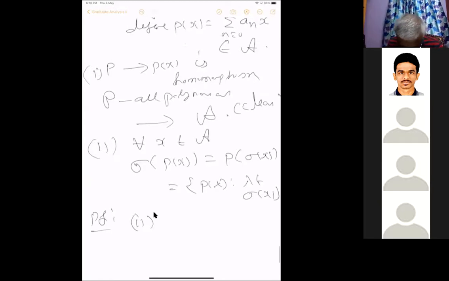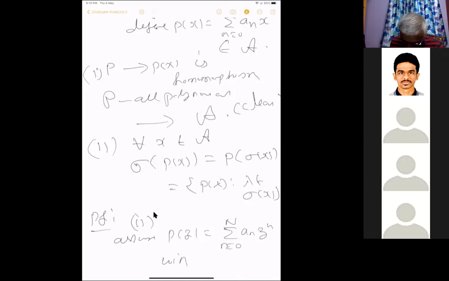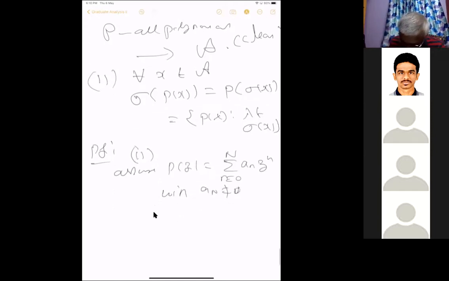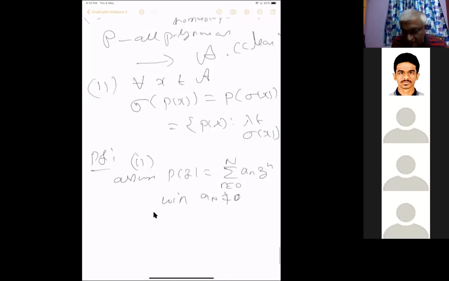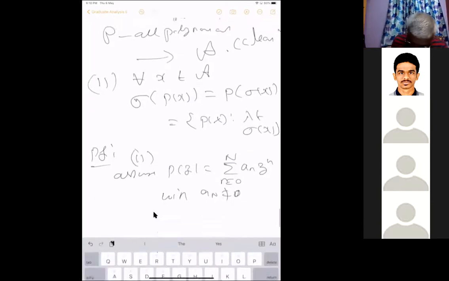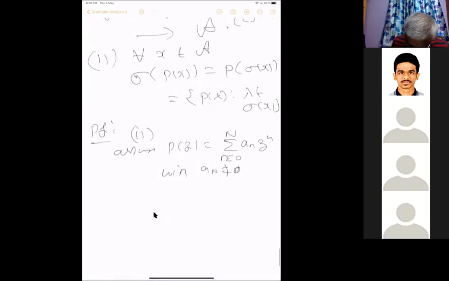So assume p(z) equals the summation n equal to 0 to N of a_n z^n with a_N not equal to 0. It's a polynomial with complex coefficients, and complex numbers are algebraically closed.